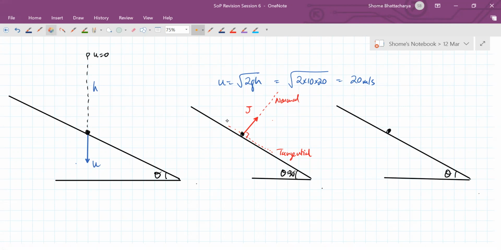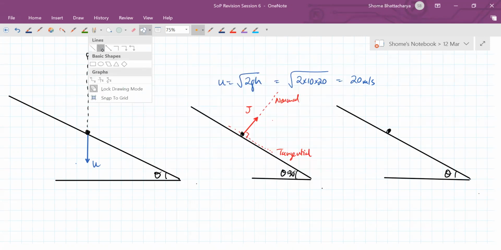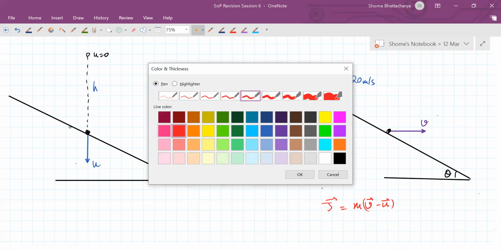So the final velocity after the collision impulse acts on it will be in this direction. This is v. So we can see that the collision impulse acting is equal to the change in momentum, so it is m(v minus u). But we will obviously apply component algebra over here.